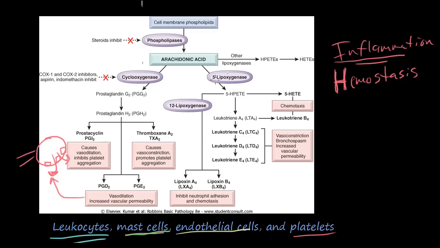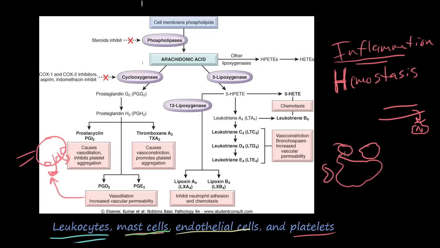Now the 5-lipoxygenase, it creates these two. It creates this molecule, which then can be converted to this molecule, and the primary reason why is to create chemotaxis. Remember that we talked about how, if this is a battle going on between cells here, and this is a blood vessel out here, and this white blood cell, this leukocyte, gets out, diapedesis out of the blood vessel.